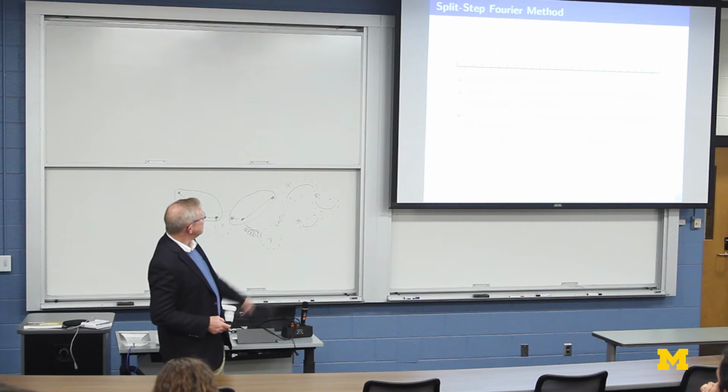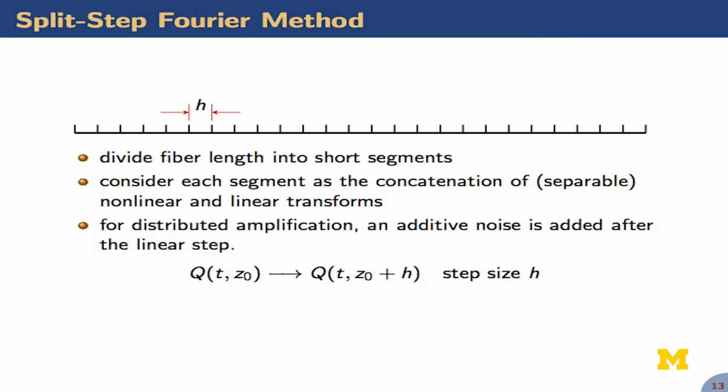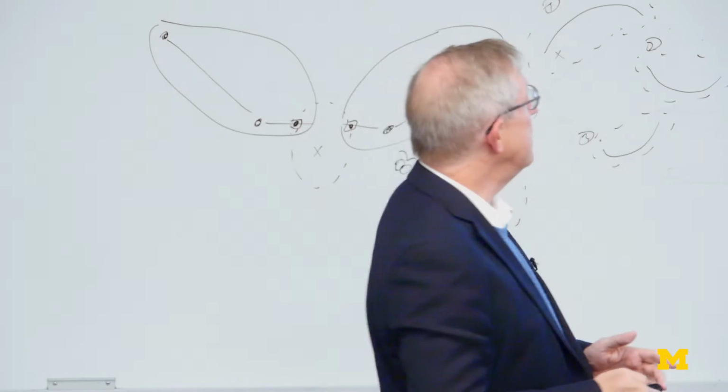So here, with this numerical method, what you do is you divide the fiber up into many short little segments, and you try to think about how to propagate this field q of t and z naught to q of t and z naught plus h for this little h. Okay, that's kind of the idea.